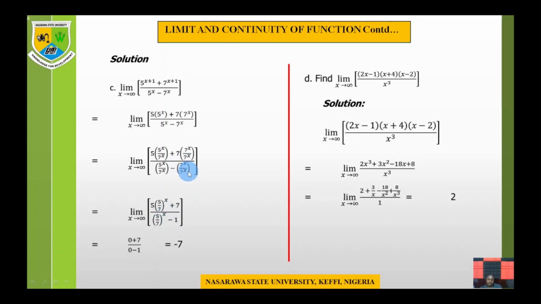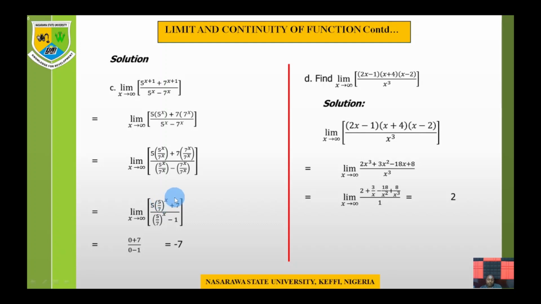7 raised to power x divided by 7 raised to power x is 1. Now, when you make your substitution, the fraction 5 over 7 as x approaches infinity will give you 0, because it is less than 1.